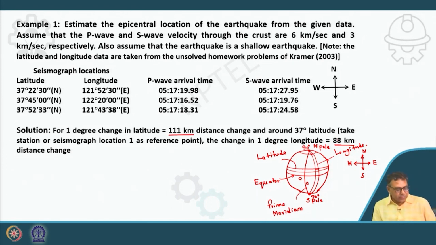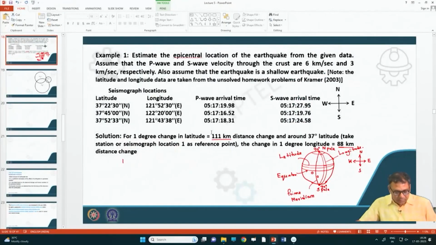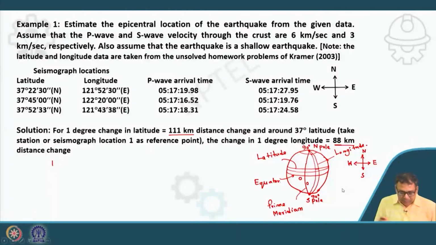Let's start the solution. Now for location 1, the time difference del TPS will be how much?